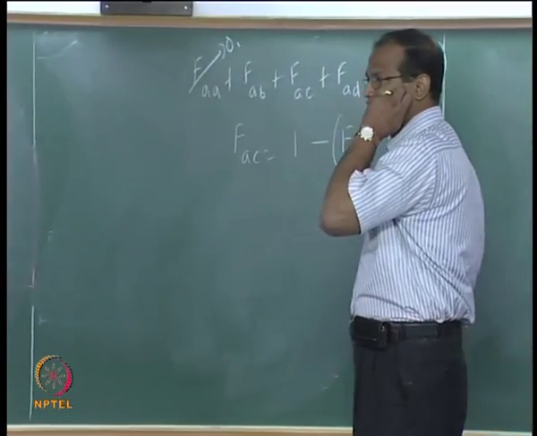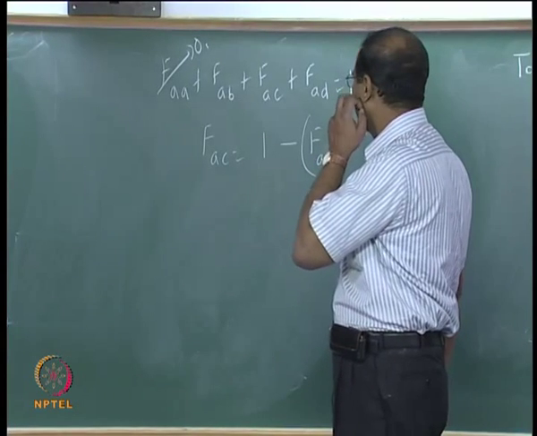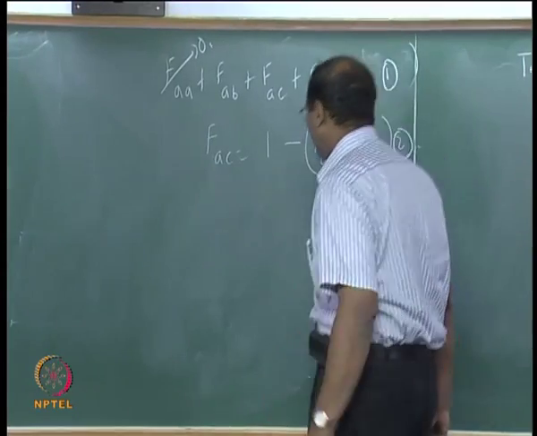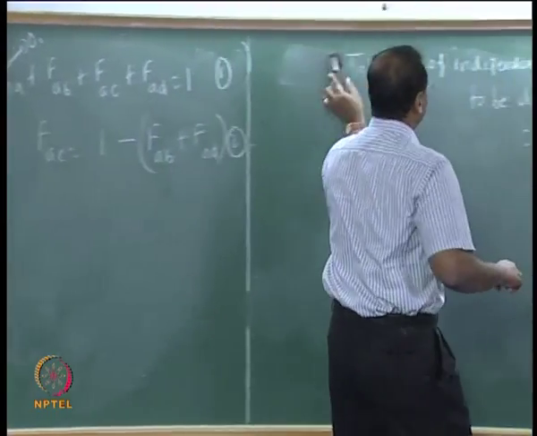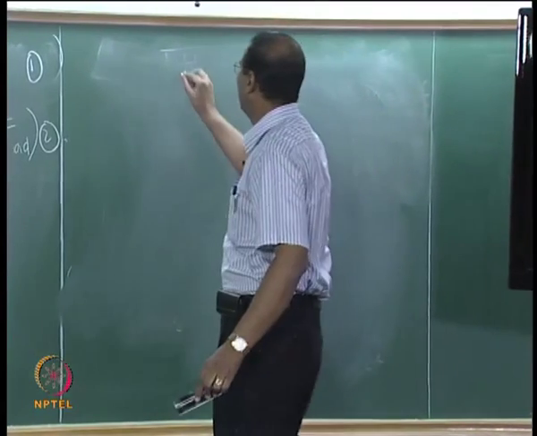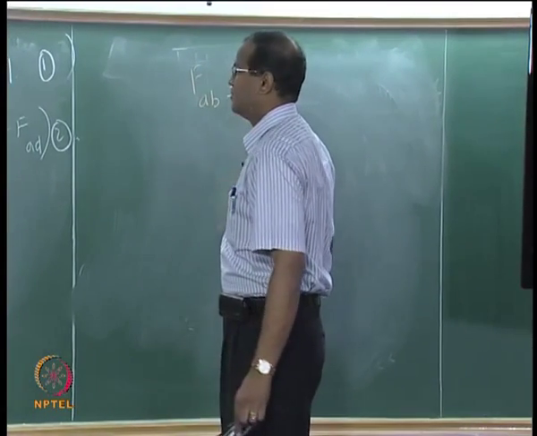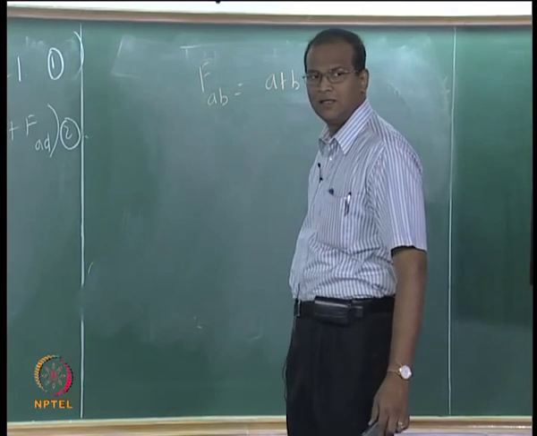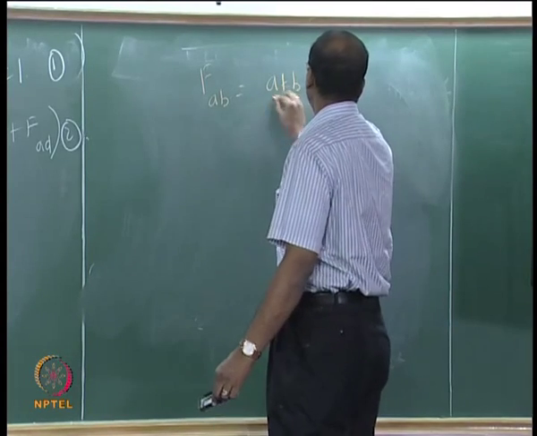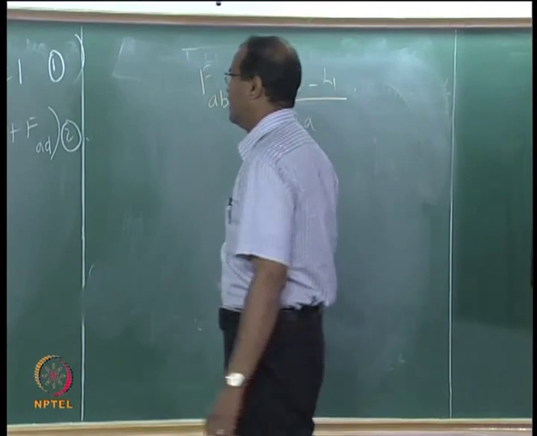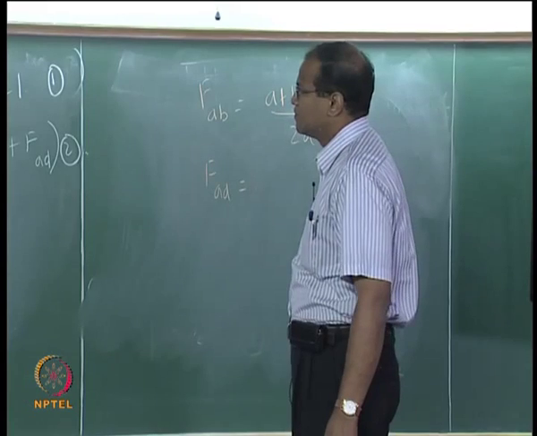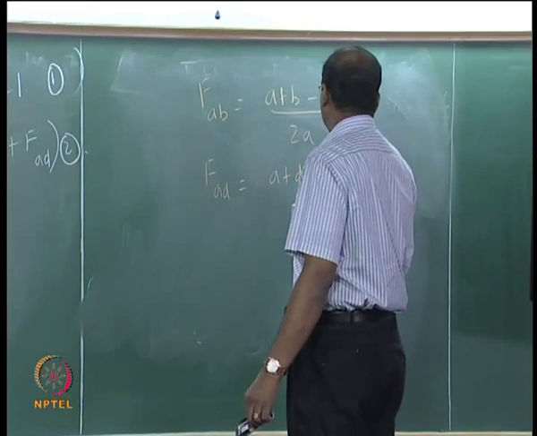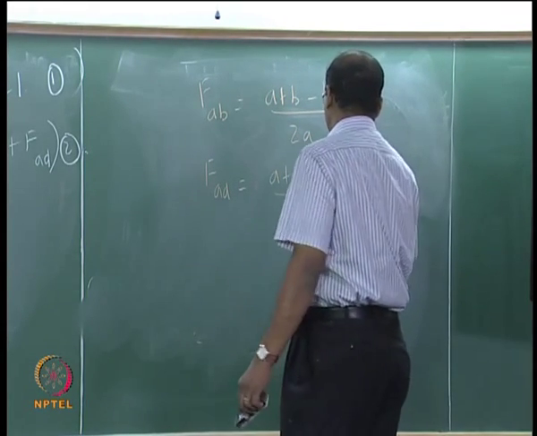Now tell me, FAC is 1 minus F, this is correct, FAA plus F, this is correct, right? Now FAB can be written as FAB is equal to A plus B minus L1 by 2A. FAD is A plus D minus L2 by 2A.